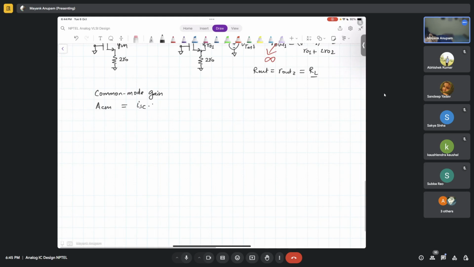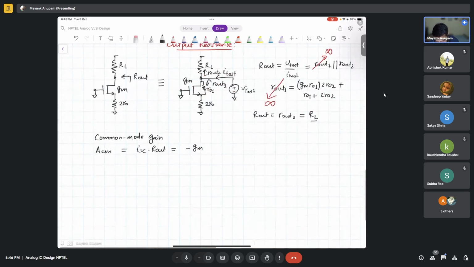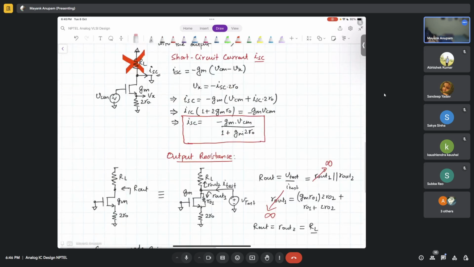It was ISC times R out, which is now minus GM. Sorry, it is not just ISC, it is common mode.